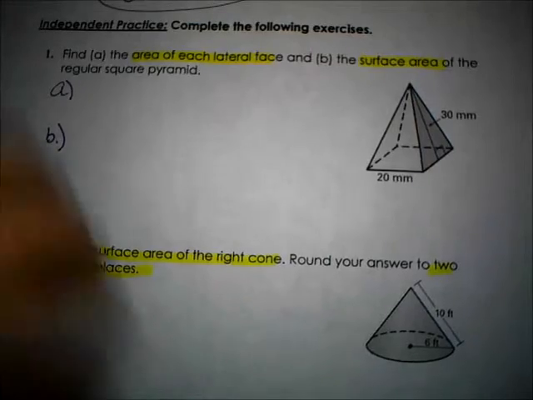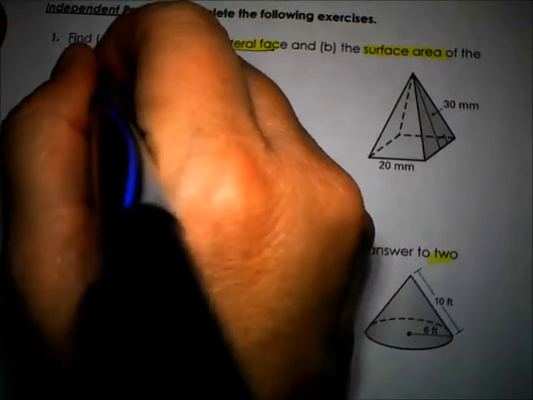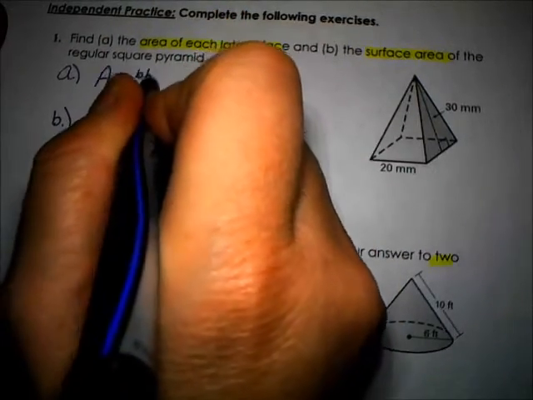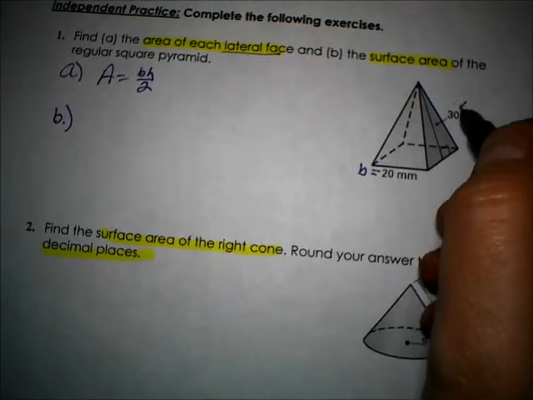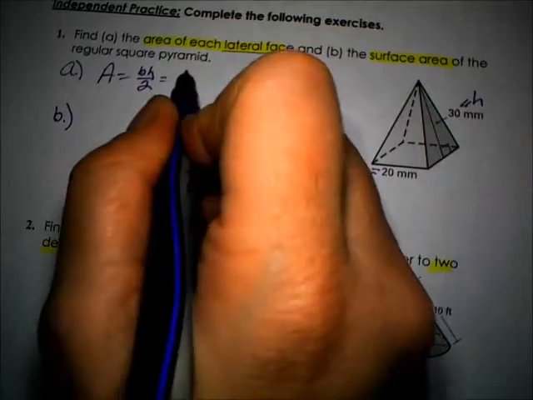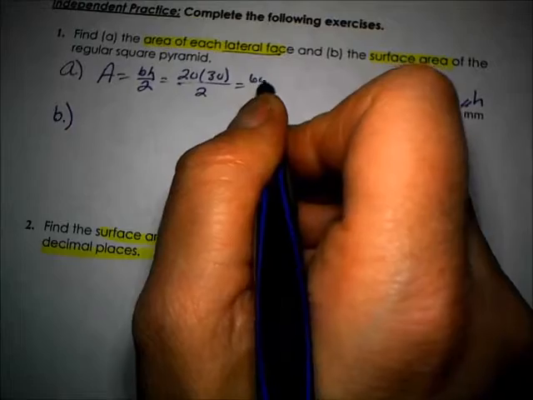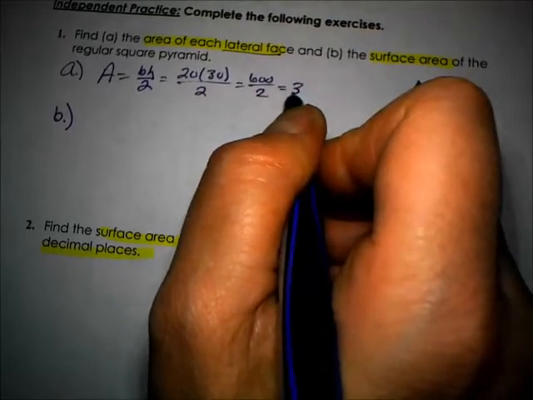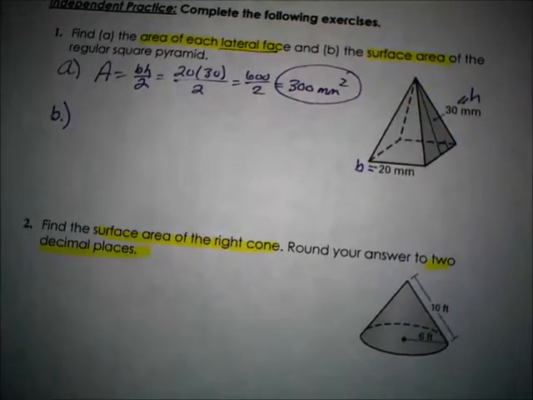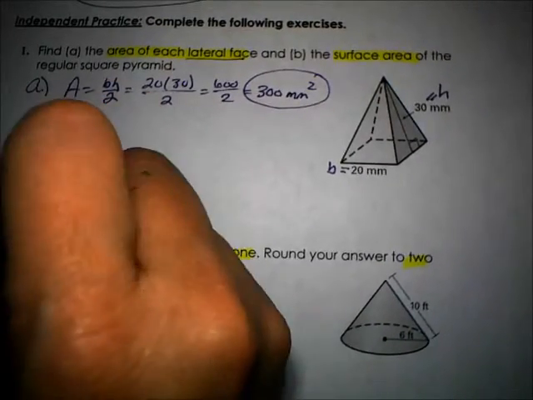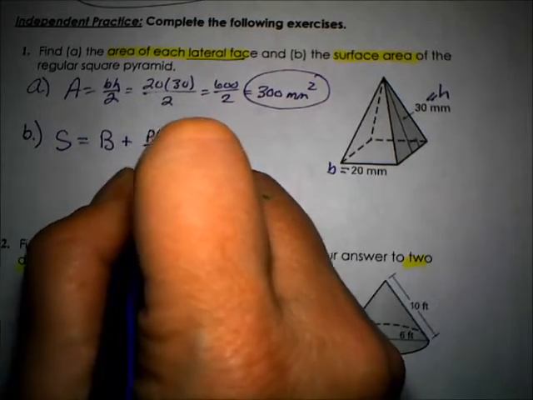Okay. On A, it says the area of each lateral face, so that means it's just a triangle. So that would be BH divided by 2. The B is 20, the H is 30, so that should be 20 times 30 over 2, which would be 600 over 2, which is 300 millimeters squared. That should be your answer for A. On B, I went back to capital B plus PL divided by 2.